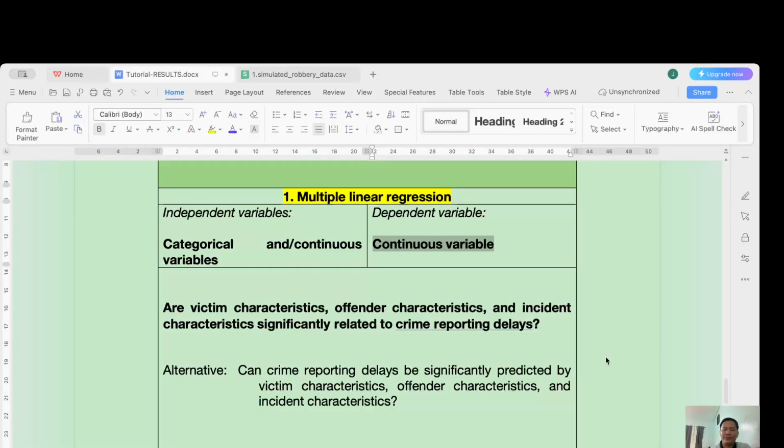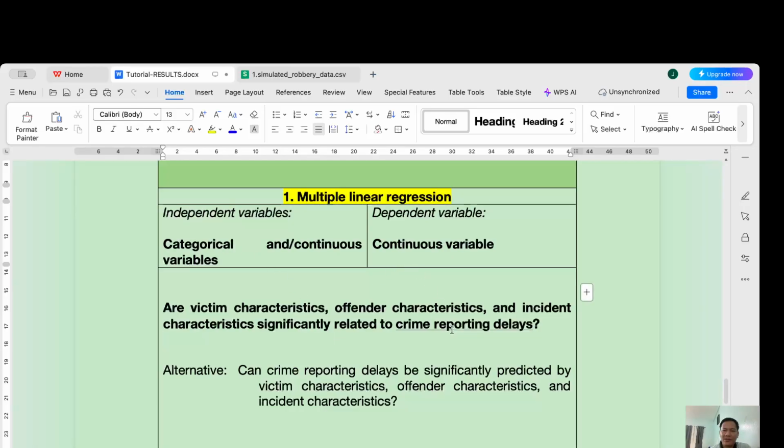Good day everyone. In this tutorial we are going to learn to demonstrate multiple linear regression and binary logistic regression, or the two multivariate analyses that we are trying to demonstrate in this tutorial. For multiple linear regression, we are interested in determining whether the continuous dependent variable is related to several independent variables, or more than one independent variable.